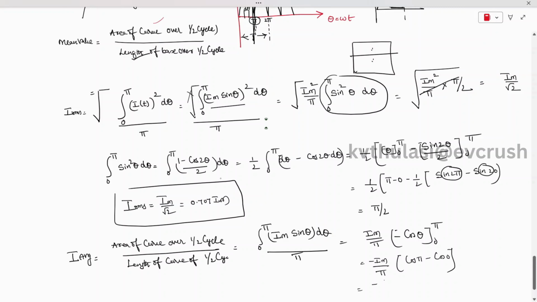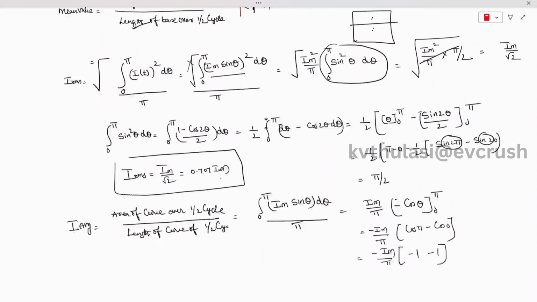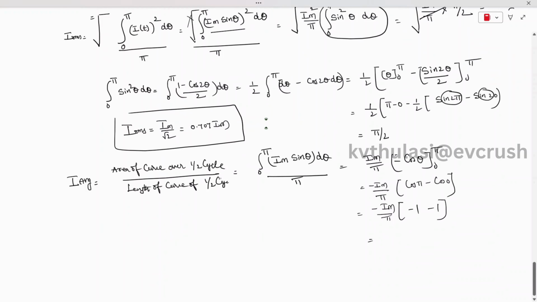Okay, so this is minus Im by pi. Cos pi is minus 1, cos 0 is 1. So when you take minus 2, minus into minus is plus, which is 2 Im by pi, which is equal to 0.637 Im. Okay, so this is the basic formula.